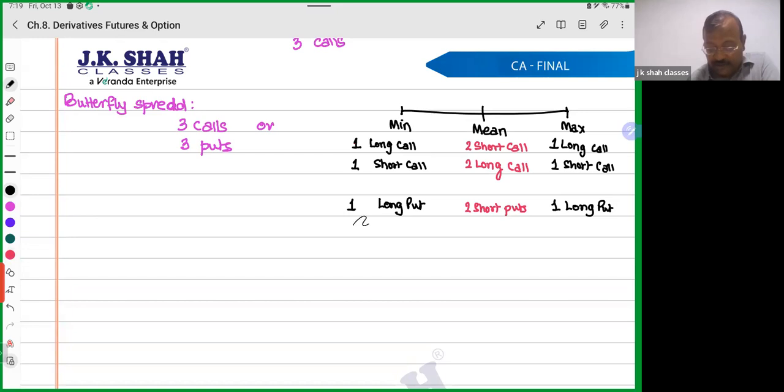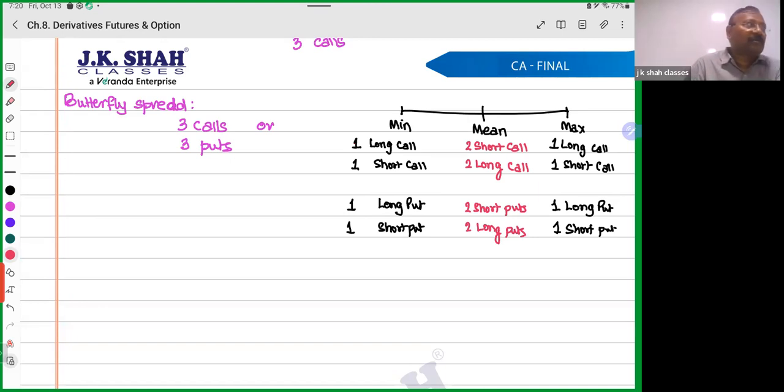And the other combination is one short put here, one short put here, and to neutralize this, two long puts. Now, we call this minimum and maximum as the tips of the butterfly wing.